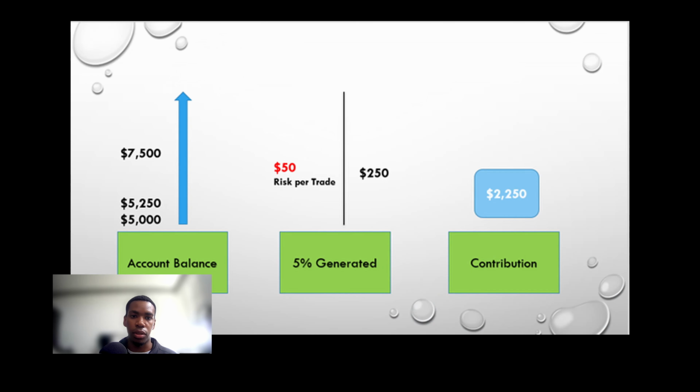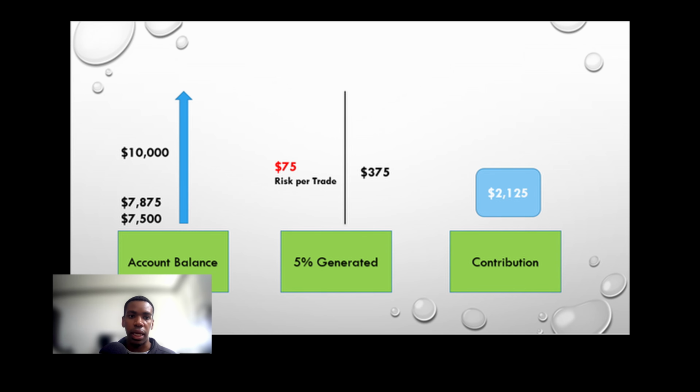Okay. So a trader, to reach the first milestone, you have to hit $5,250 to increase the amount of money in your trading account. Max risk per trade is $50. And then at this point, a further $2,250 can be added to increase your total to $7,500.